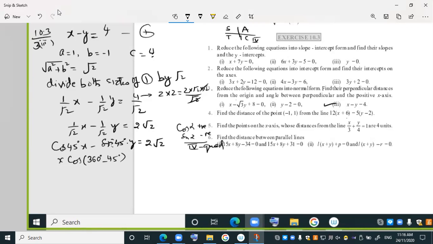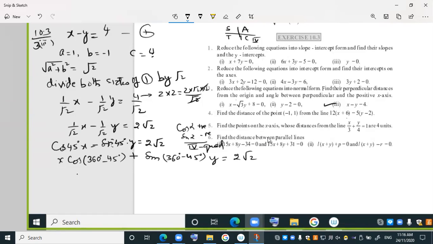So 360 minus theta is the fourth quadrant. So we can write cos of 360 degree minus 45 degree plus sine of 360 degree minus 45 degree. This sign should be removed, then only we can compare and find alpha and p.